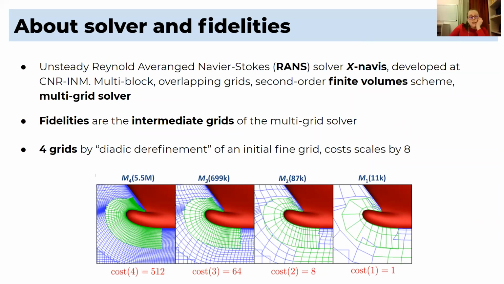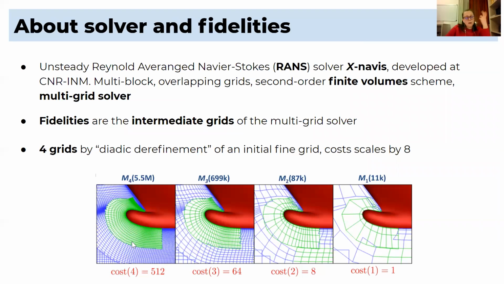And we have an illustration here. This is the plot of the mesh around the bulb, from the finest to the coarsest grid, from left to right.